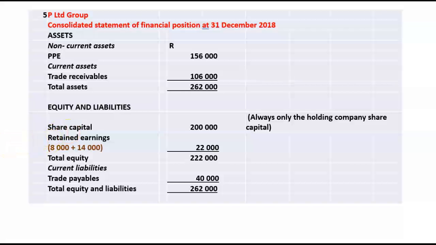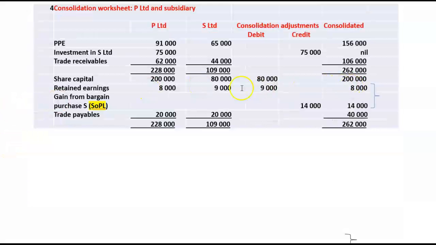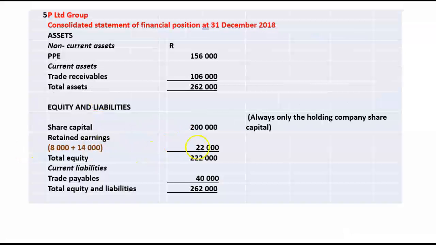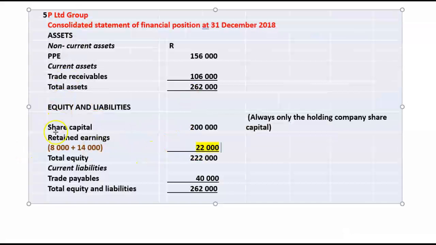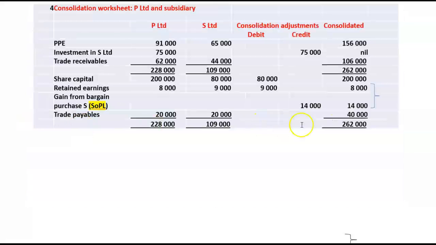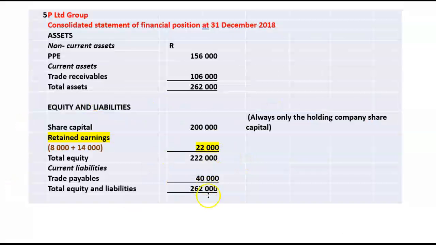But look at retained earnings now. Retained earnings is going to be that of P Limited of 8,000 plus the 14,000, which then gives us a total of 22,000. It's important. Have a look at that. And then current payables, well, that is only the 40,000, the 20 and the 20. And then we're done.